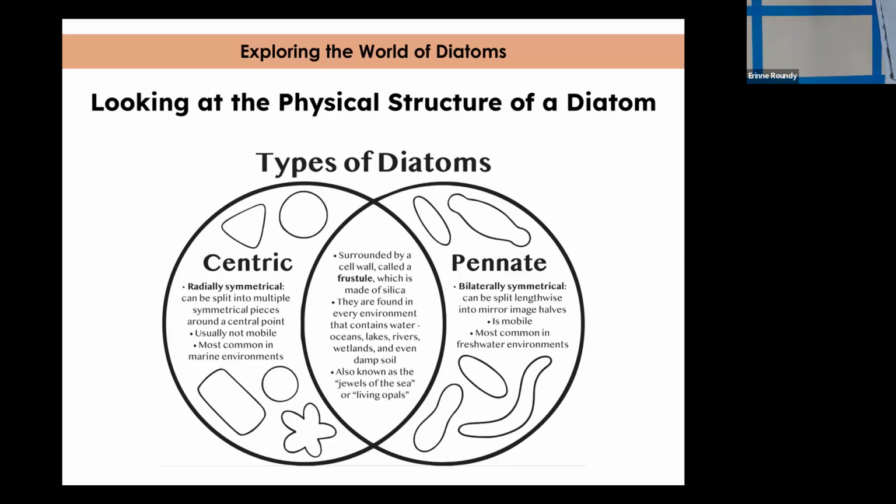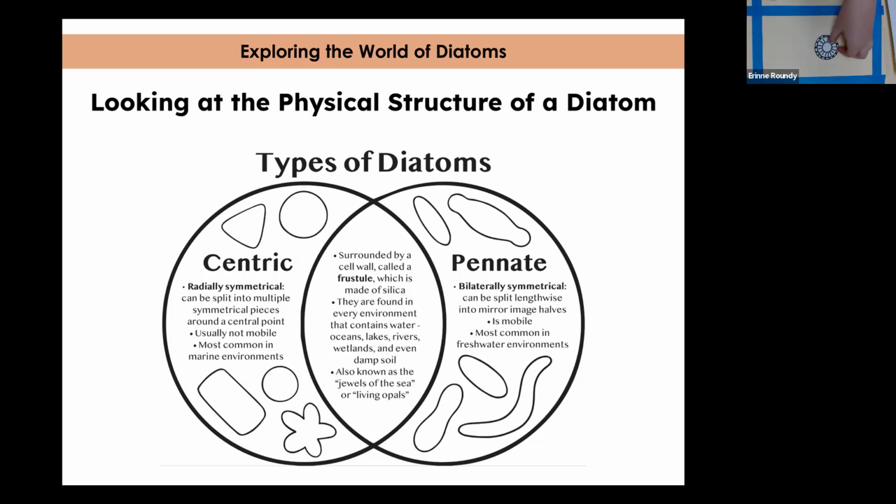Okay, so all of the diatoms have the cell wall, but there are two categories that you can split diatoms into. The first are centric, and centric ones are radially symmetrical, which means they can be split into multiple symmetrical pieces from a central point.